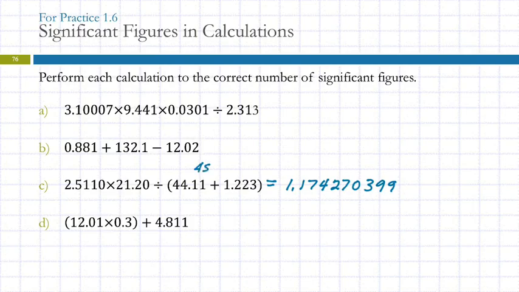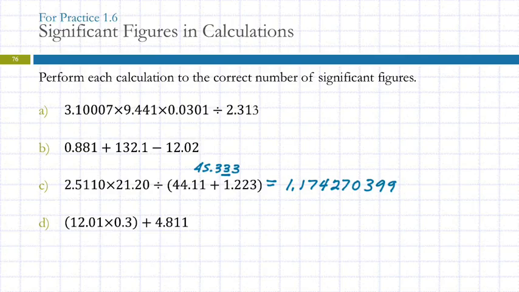The only reason we need this here is to keep track of significant figures. When I add, that's what my calculator gives me. I need to look at which number has the fewest decimal places, and that would be this one. It's got 2 decimal places. So this intermediate result here has 2 decimal places.